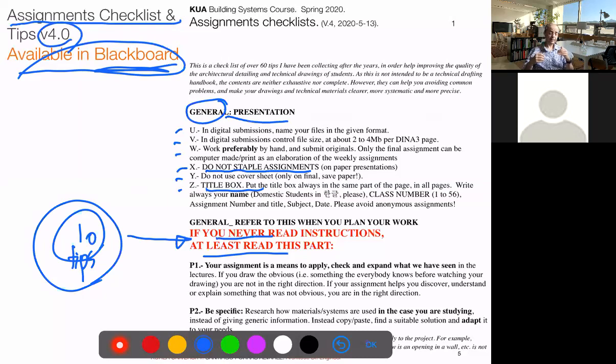Then you will have chapters of tips regarding each of the assignments. After the general tips, you have some others on general detailing and material schedules. And then you have structure, envelope, and MEP and green and so on. Please refer to it, and I hope this helps.